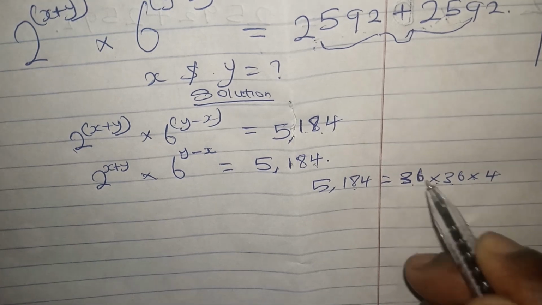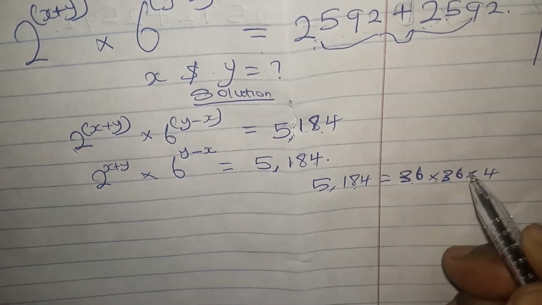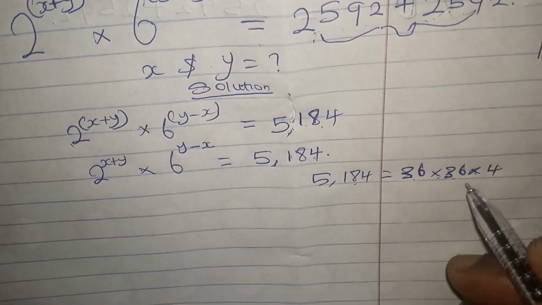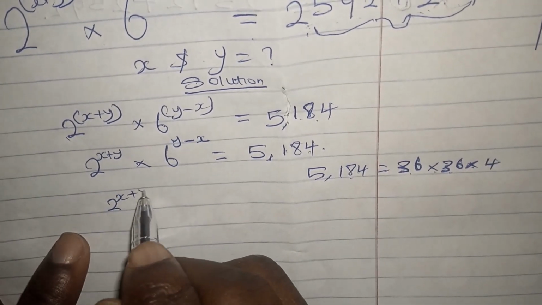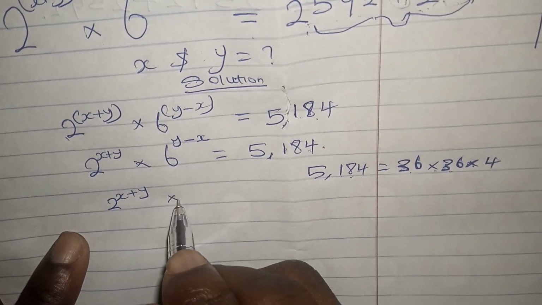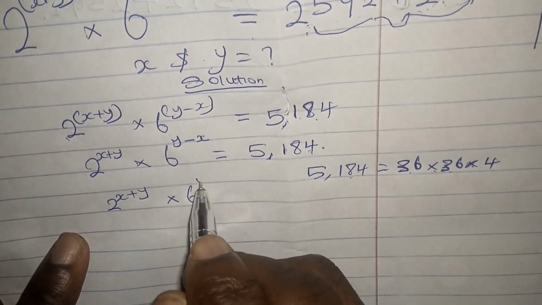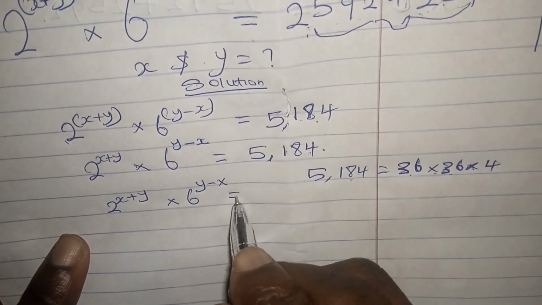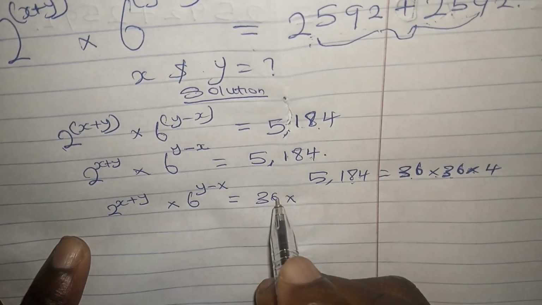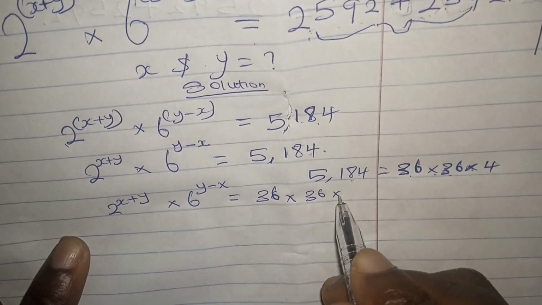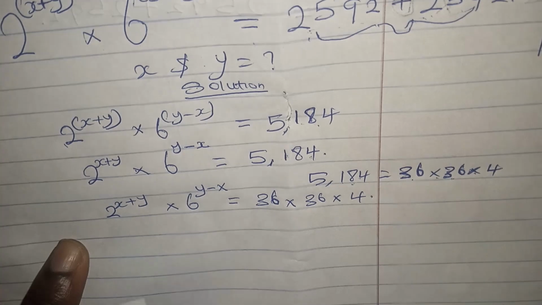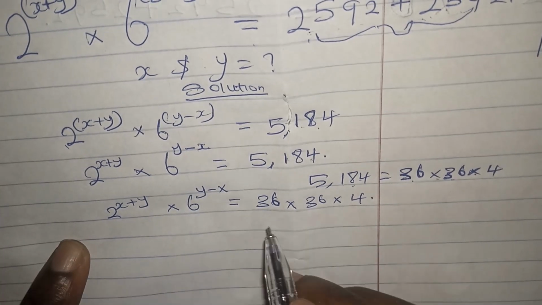So if we write this here, we have 2 to the power of x plus y times 6 to the power of y minus x is equal to 36 times 36 times 4.